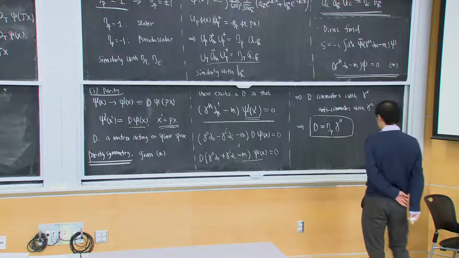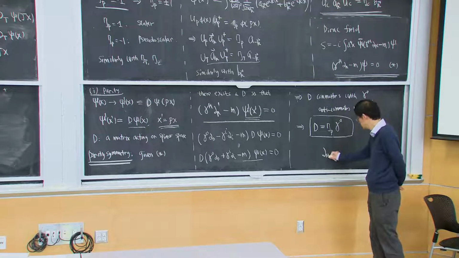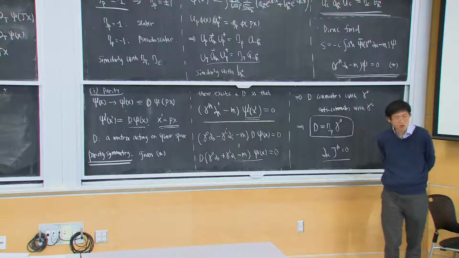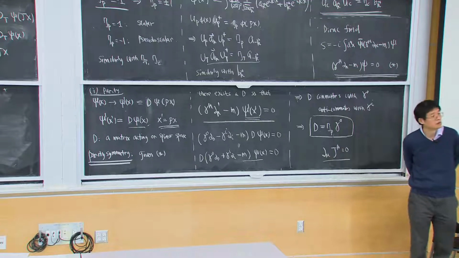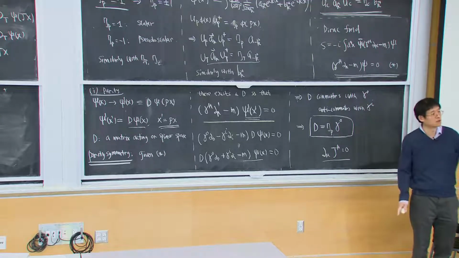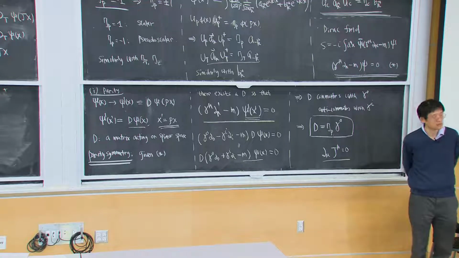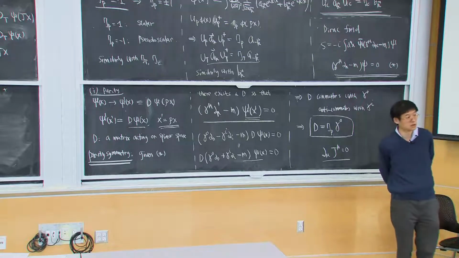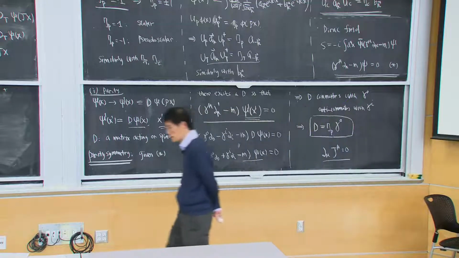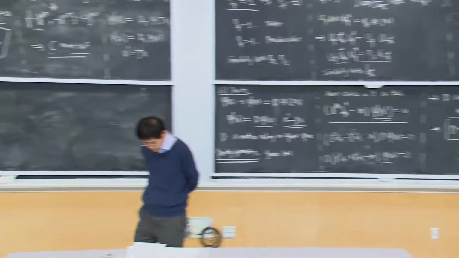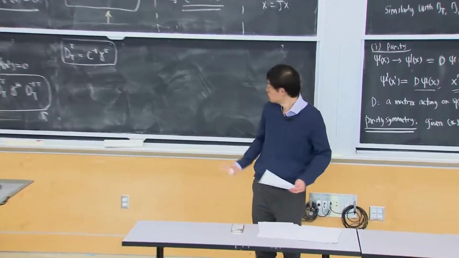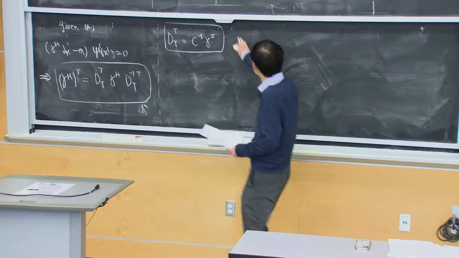The conservation equation is partial mu j mu equal to 0, so this equation has the same form in any frame. The charge is different in different frames, but they're related by transformation. In any frame you can define a conserved charge.